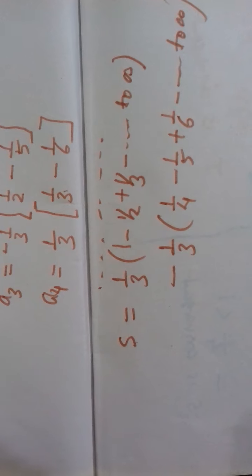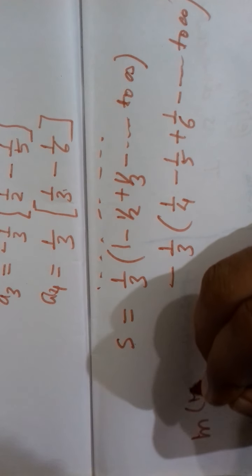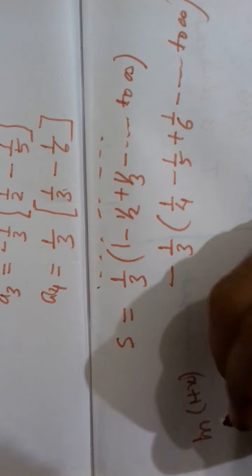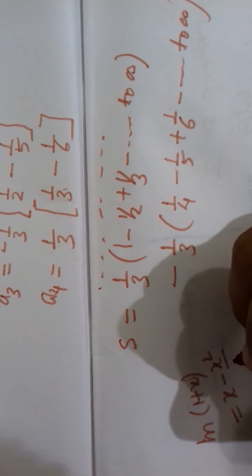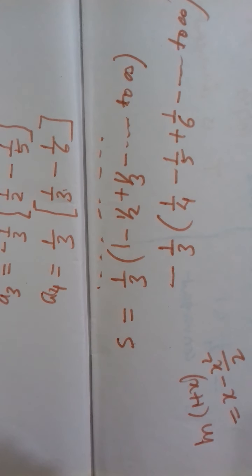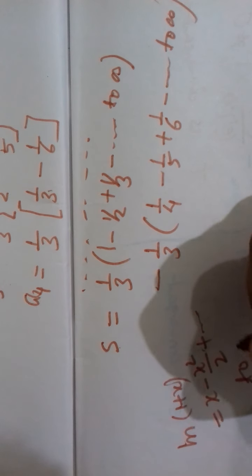Now we are going to use this formula: ln(1 plus x) equals x minus x square by 2, and so on, going to infinity.